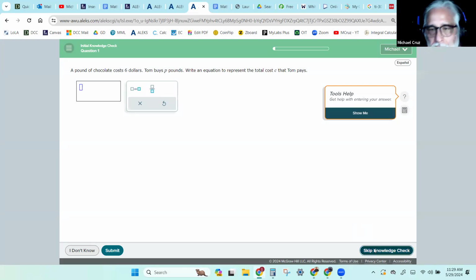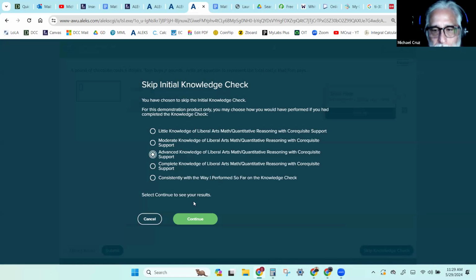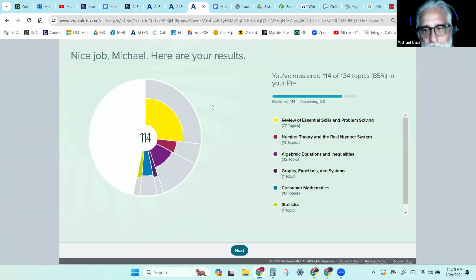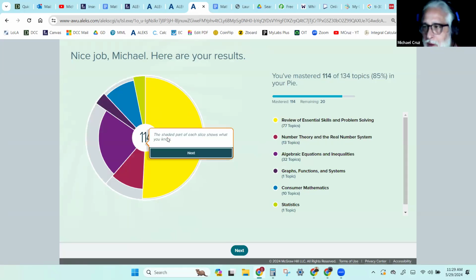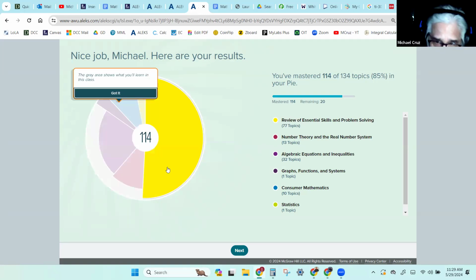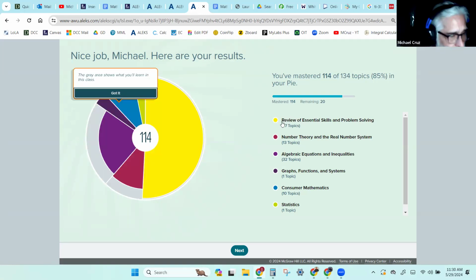So see, I got that over here so I can skip. So I'll just tell them what I kind of know. That way it fills in part of my pie. And that's what, Tori, you were saying, that you got some credit. See, in theory the whole pie would be filled in, although most people are not going to get everything filled in.